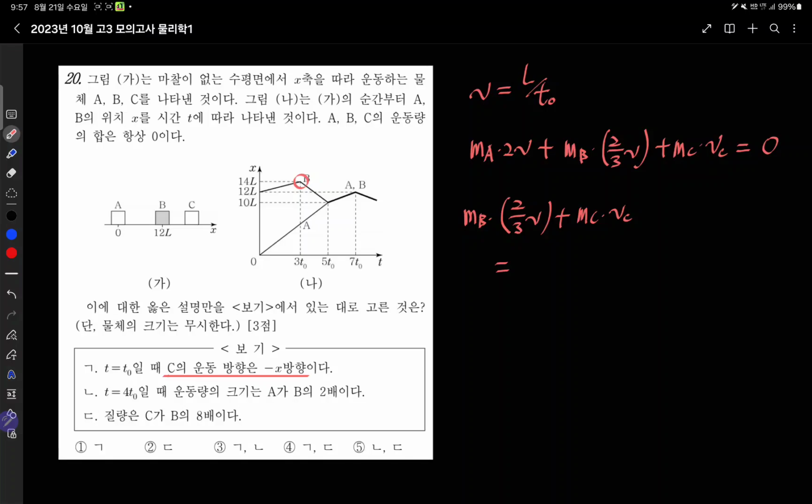And after the collision, the velocity of B changes to the negative direction. So B now is moving to the left. And the magnitude of the velocity is 4L divided by 2t0. That's 2 times V, and the direction is negative.